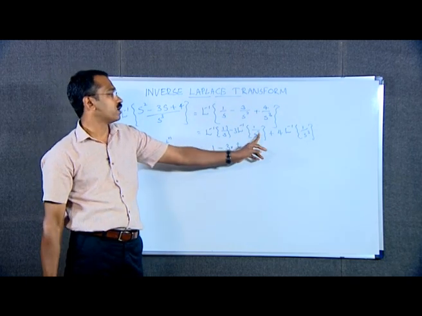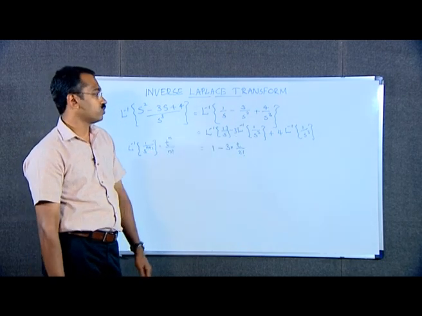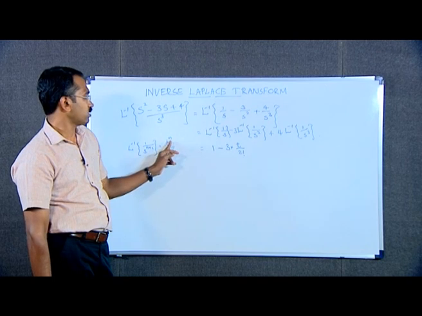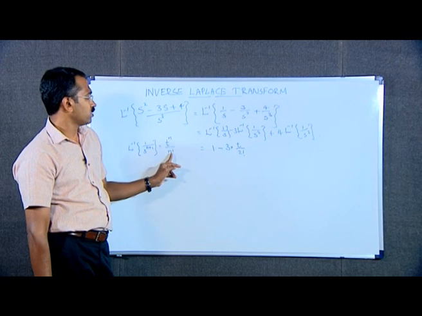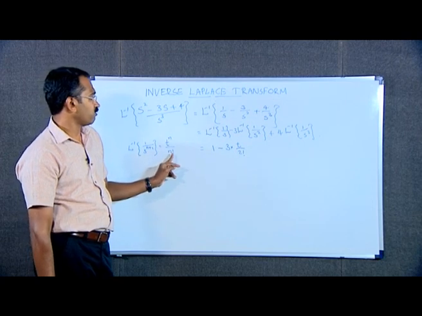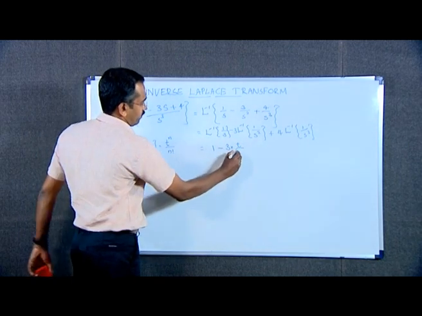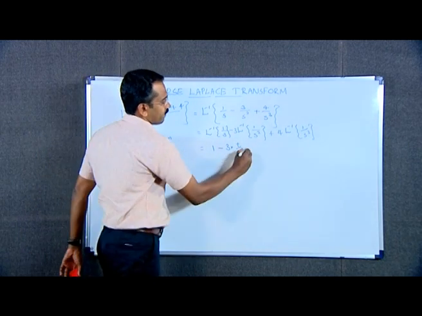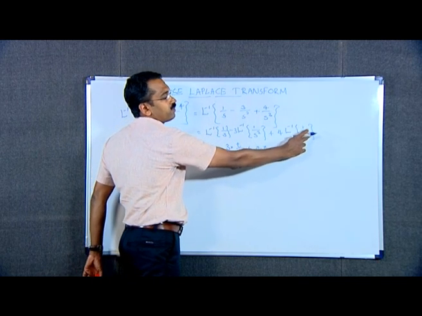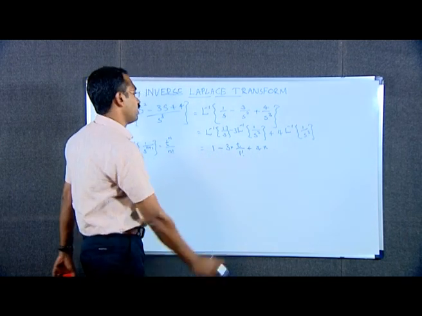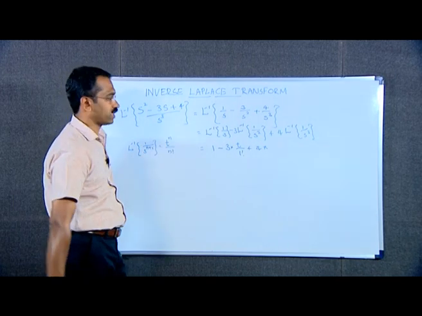Here s square means s raised to 1 plus 1, that is n is equal to 1. Therefore, we can write this as t raised to 1 divided by 1 factorial. Plus 4 into L inverse of 1 by s cube; here s cube means 2 plus 1, so n is equal to 2, that is t square divided by 2 factorial.